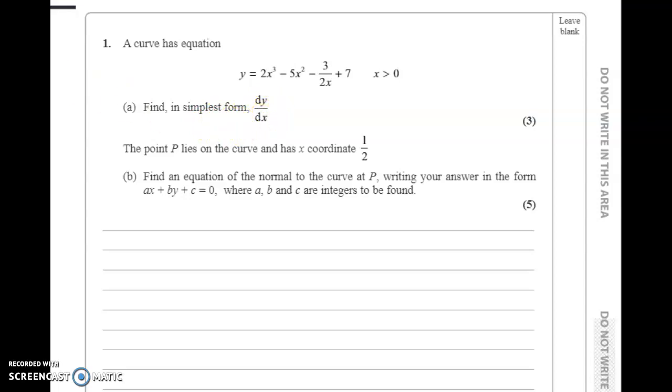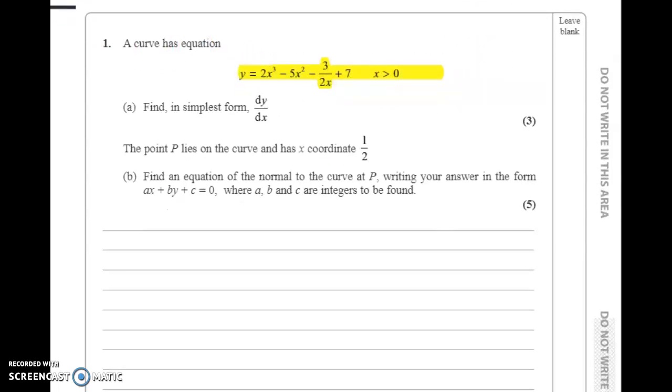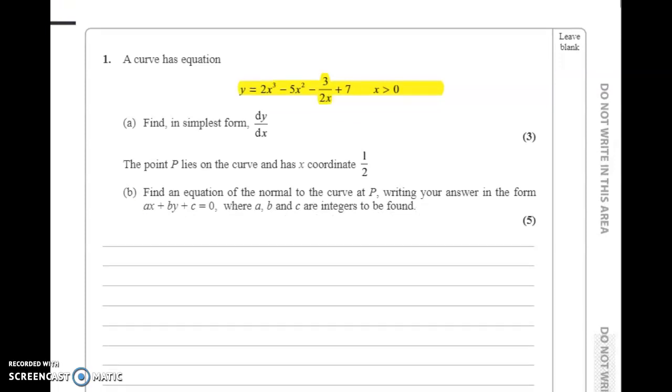So what I'll do is highlight this whole thing. Sorry about my writing, but I'm writing on a trackpad, so pardon me. I'll bring this into a new form.